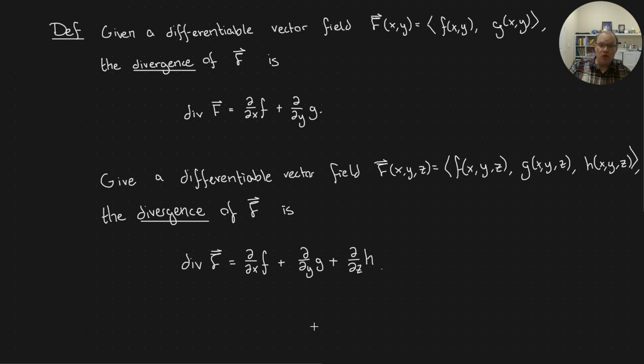Now you may be looking at this and thinking, this kind of looks familiar. This is very similar to a dot product. The structure is similar to a dot product, right?